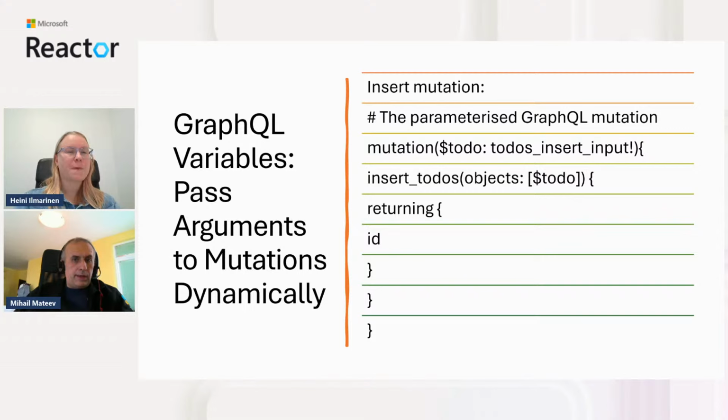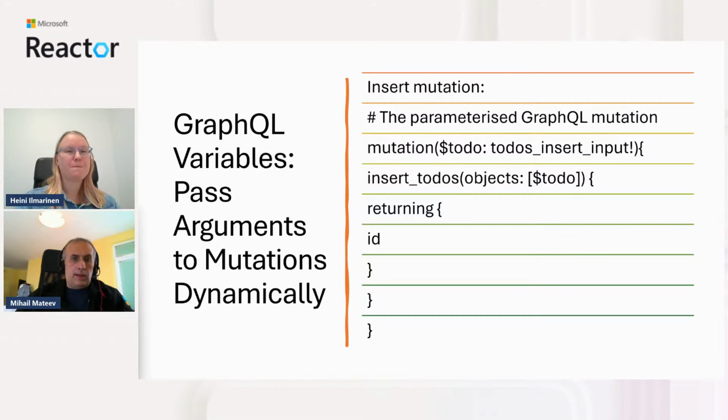When we talk about variables, variables are very flexible in the context of GraphQL. I already mentioned several times that variables are used for parameters, but not only. Here you see the sample with insert, where the object that is passed like parameters can actually be realized like a variable.